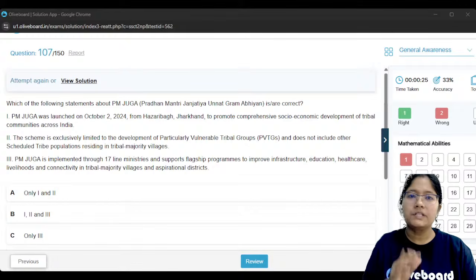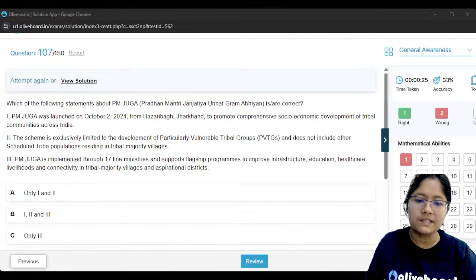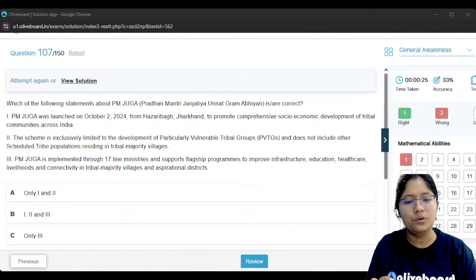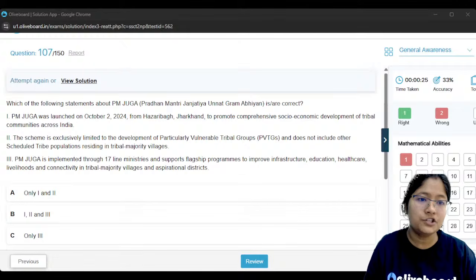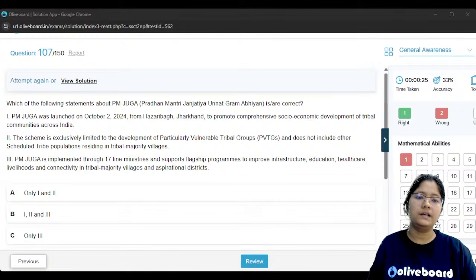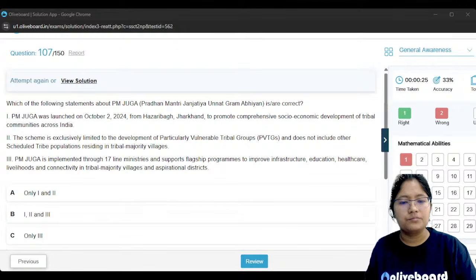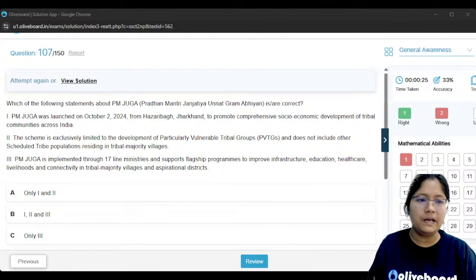No, special focus will be on the particularly vulnerable tribal groups, but it is otherwise for others as well. So it is not limited to the PVTGs. This statement won't be correct. And does not include other scheduled tribe populations. This statement is definitely not correct. This we will eliminate.